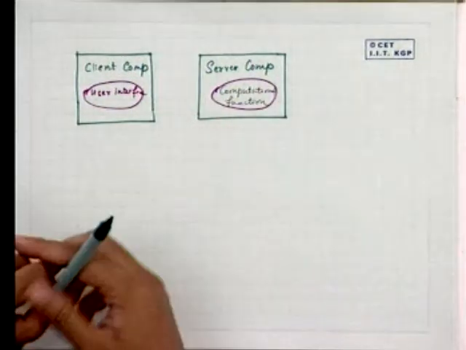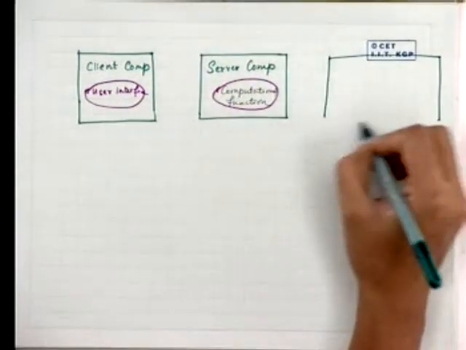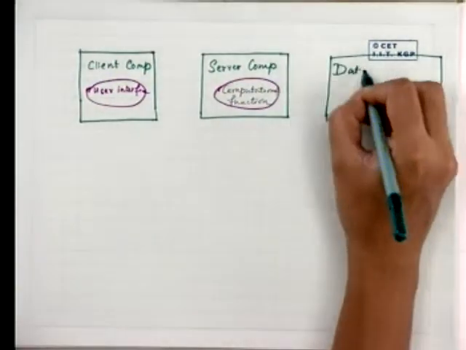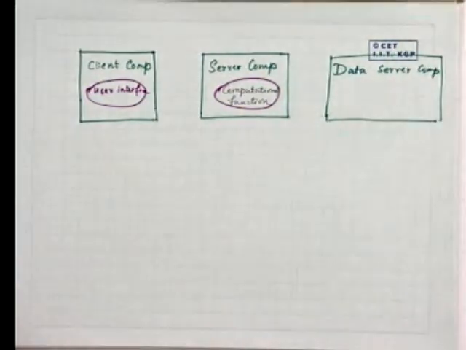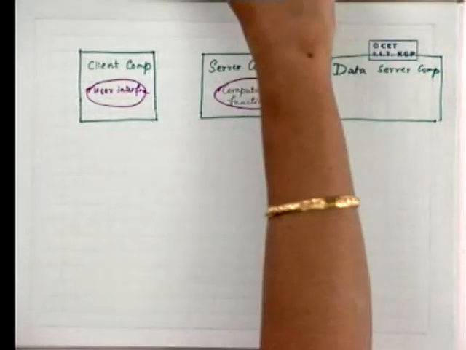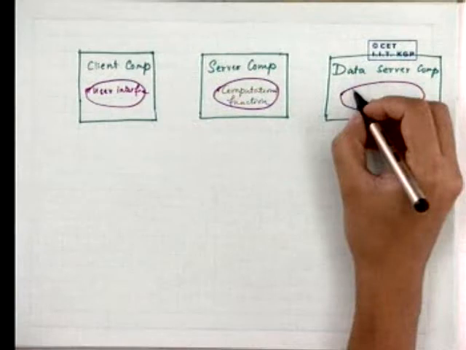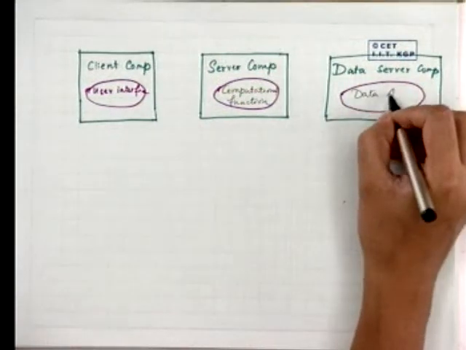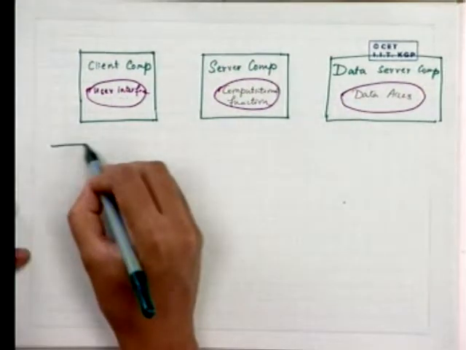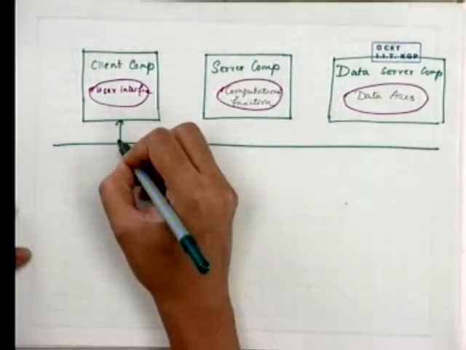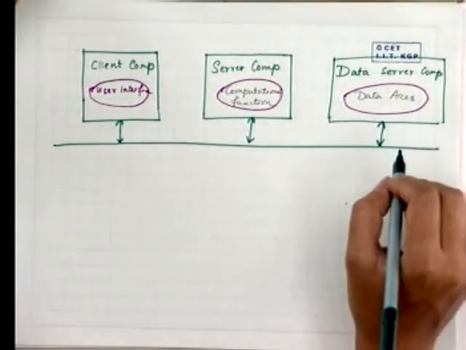And thirdly, we have the data server computer, which provides data access. And we have a communication network to which they connect and communicate. So this is an example of a three-tier configuration.